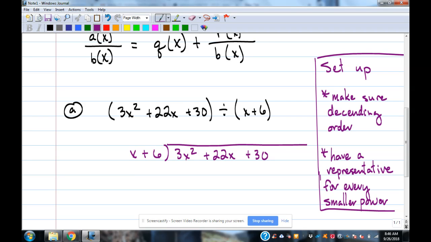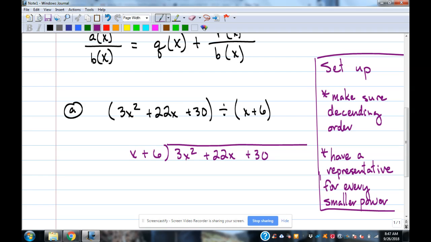If this problem did not have 22x in it, if it was just 3x squared plus 30, you would need to put a 0x in there to make sure you had a representative from each smaller power. We'll do one or two that have some missing pieces, but these are the important things. Every time you're doing setup for either long division or synthetic, you want to make sure of these things. We'll do some examples where that happens.